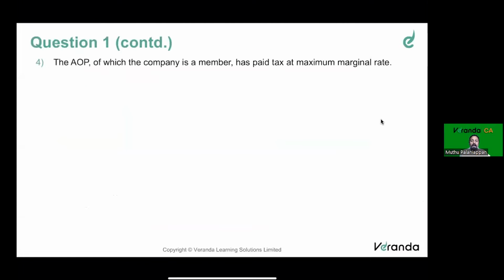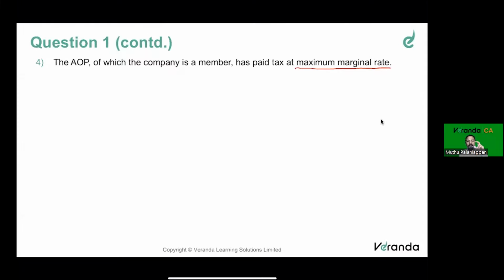The next information that is given to us is the AOP. We said there is a share of AOP provided in the books of accounts that is being received by the company because the company is a member. Now it tries to give us information that such AOP was charged at maximum marginal rate. So what is maximum marginal rate? Just to revise the subject, maximum marginal rate is the highest possible rate for an individual, highest possible surcharge for the individual, highest possible education cess or whatever is there for the individual.